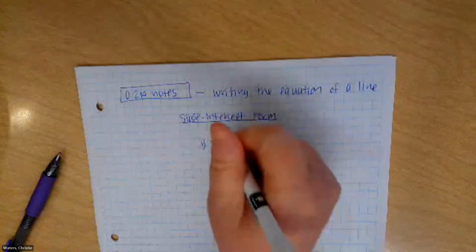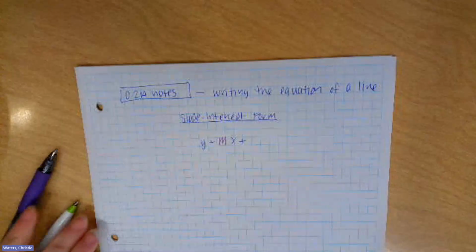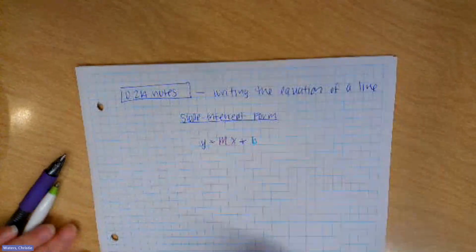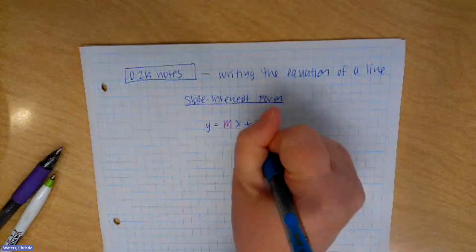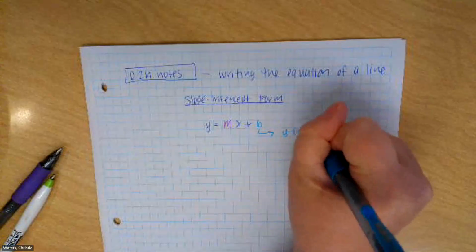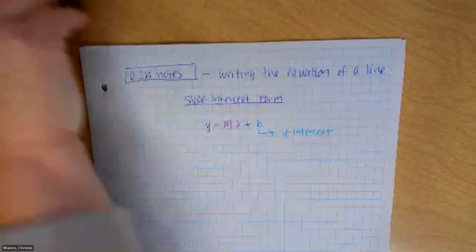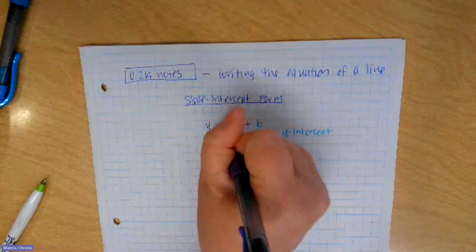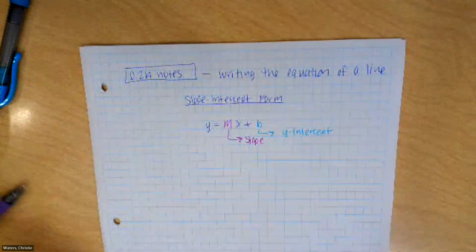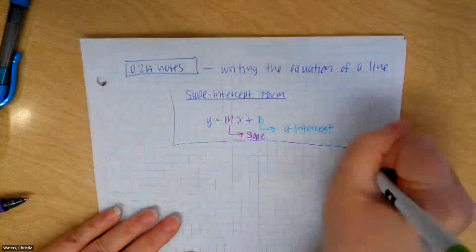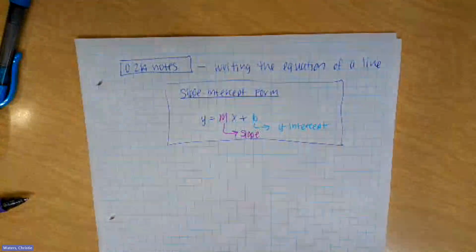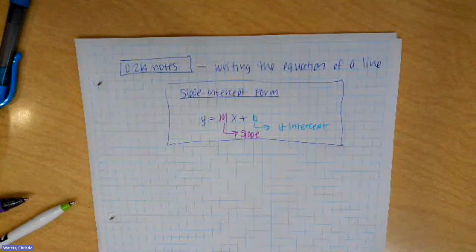Okay, so in slope-intercept form, the b represents the y-intercept, and the m represents the slope. You've probably heard y equals mx plus b before.